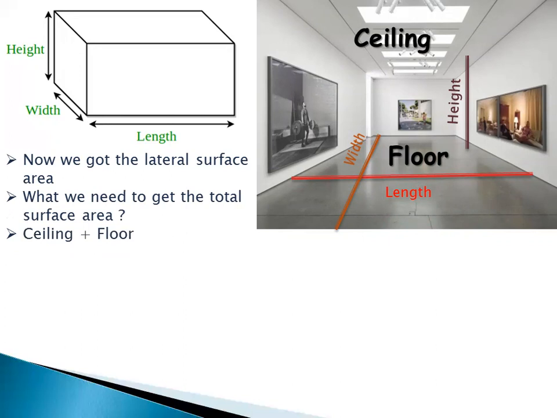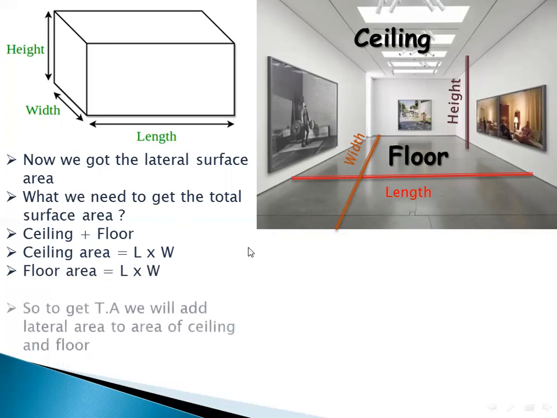And we know that ceiling and floor are the bases of the cuboid, and they are equal in area. The dimensions of these two faces are what? Excellent, length and width. So to get the area of ceiling, I'm going to multiply length by width. And to get the area of floor, also I'm going to multiply length by width, because they are equal.